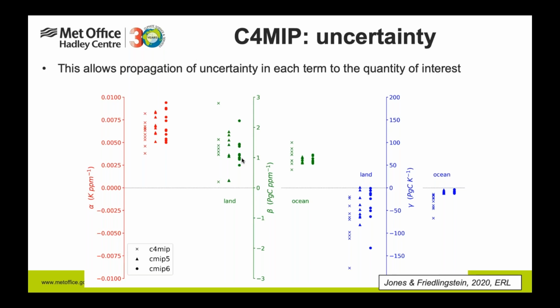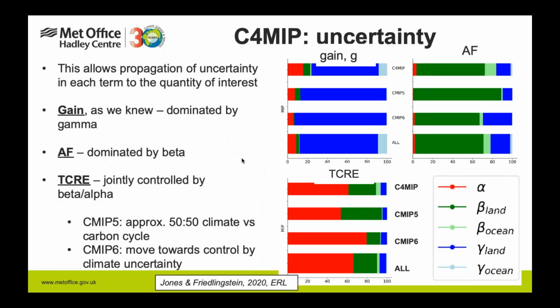But when we transfer these changes in the terms into these aggregated terms that we care about, we can see which of those actually dominate the uncertainty in some of these feedback factors. If we care about the climate carbon gain, the G, we can see that this is dominated by these blue bars.